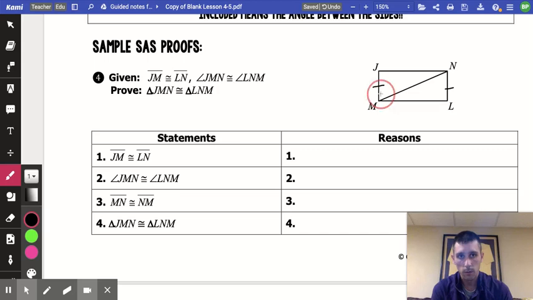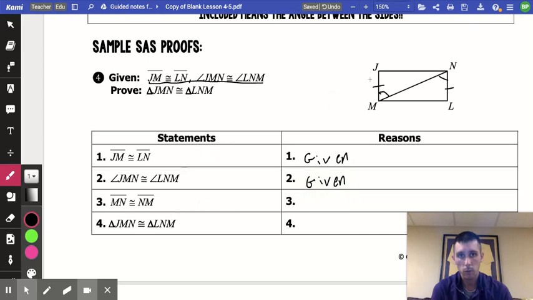JMN, so this angle right here, is congruent to LNM right here, okay? So those are the things we can mark. So JM congruent to LN, that's in that line for given. And this one is also given.